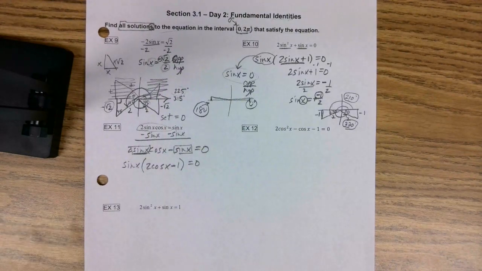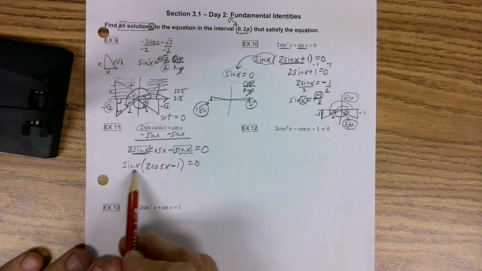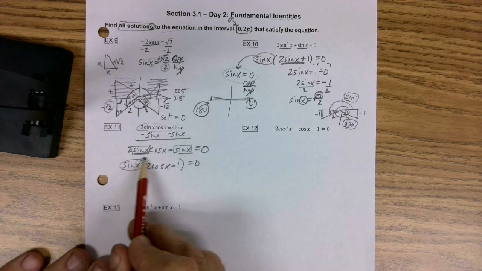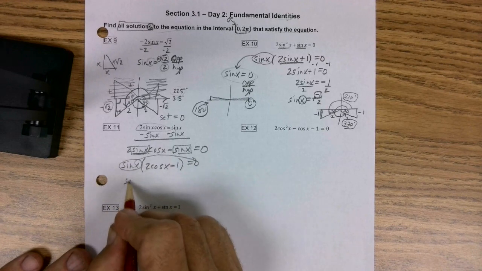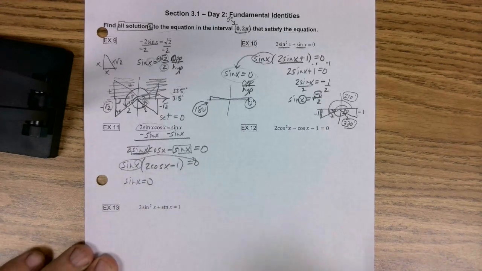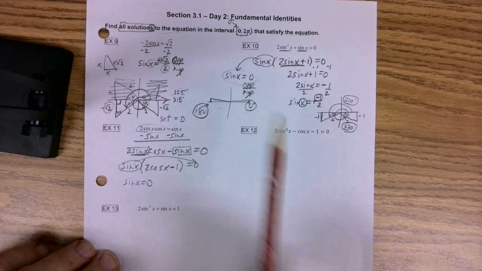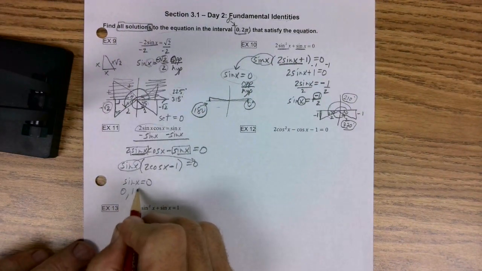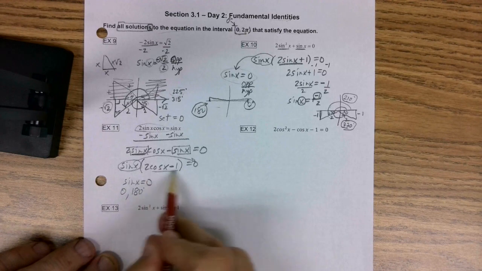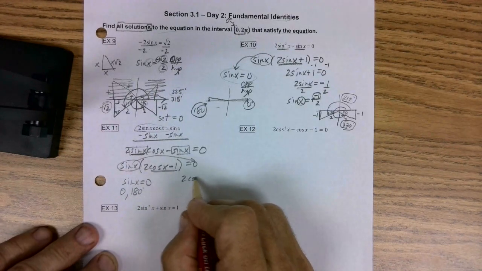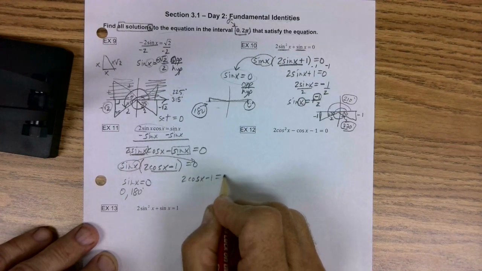So this is testing your algebra skills as well as your pre-calc/trig. So I need to investigate, where does sine of x equal 0? And not to just be lazy, but didn't we just do that one? So it's 0 or 180. And now let's investigate this. I'm going to go 2 cosine of x minus 1 equals 0.